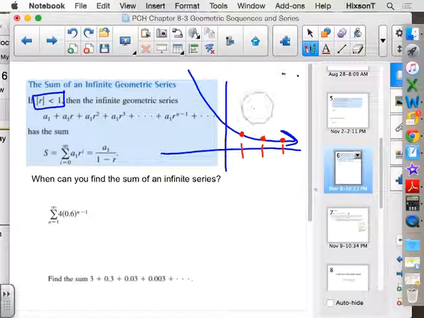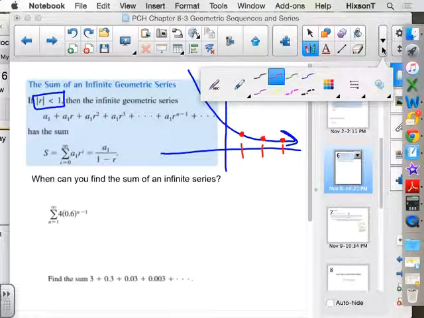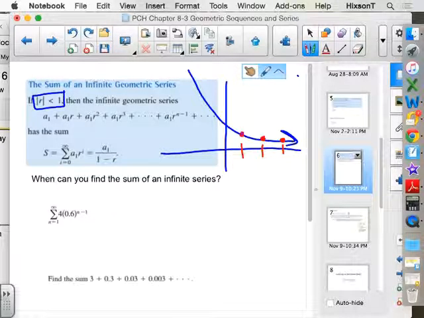When you have a positive 1, the r is going to stay negative, so it's going to be down there.